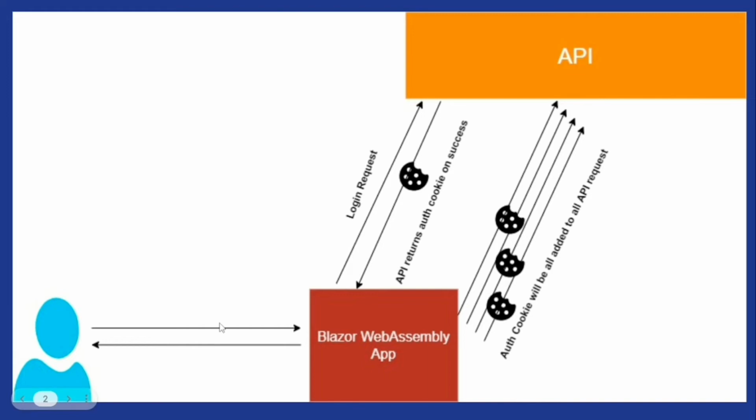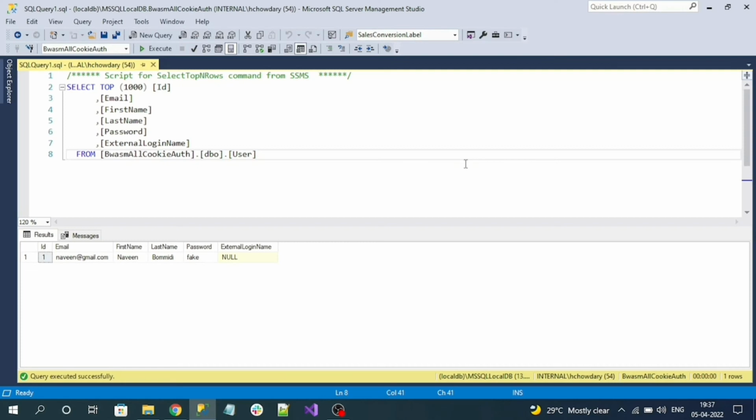Whenever a user sends a login request to the API with valid credentials, then on success, the API will return an authentication cookie. That cookie will be carried along with every API request to mark that request as coming from an authenticated user.